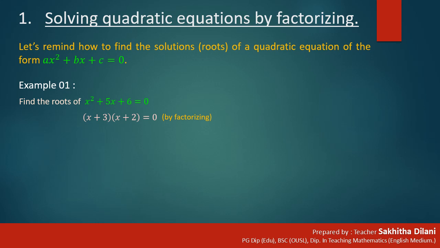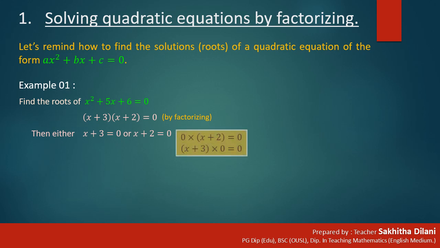The product of x plus 3 and x plus 2 to be equal to 0, either x plus 3 should be equal to 0 or x plus 2 should be equal to 0. If x plus 3 is 0, that is 0 times x plus 2. That means the result is 0. As well as if x plus 2 is 0, x plus 3 times 0 is 0 too.